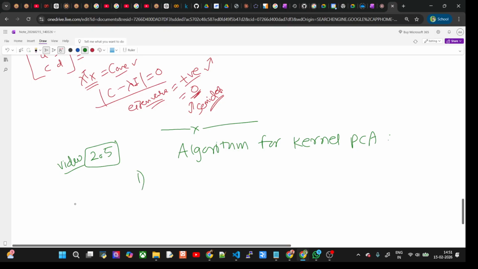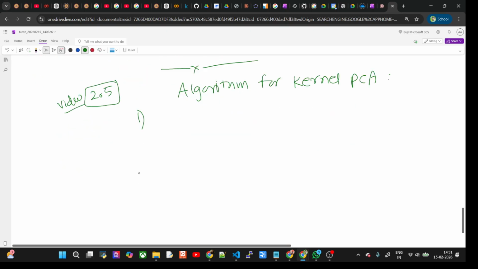First point, your first input is the data set, the same as in PCA. It's PCA only, but it's kernel PCA because non-linear data sets are there. x1, x2 and so on till xn, where x belongs to R^D.